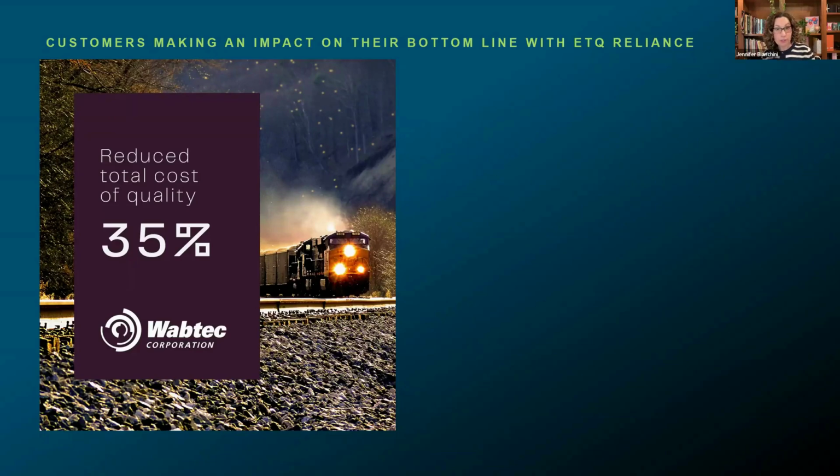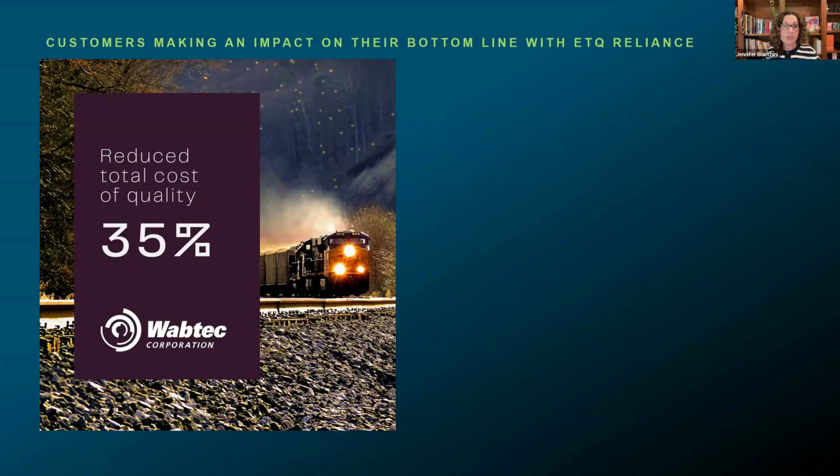So fast forward to 2019, after merging with Wabtec, they didn't just keep using ETQ Reliance, they expanded it company wide. And the results, well, they're pretty impressive. If you take a look here, they saved 30 million every year from improvements with their quality management programs.